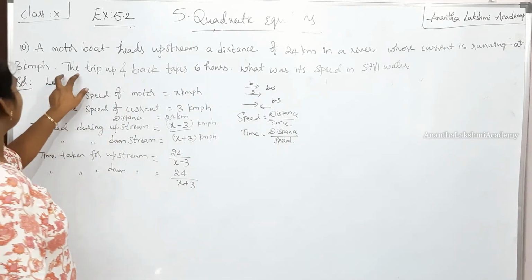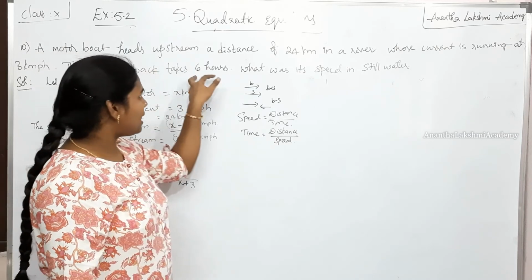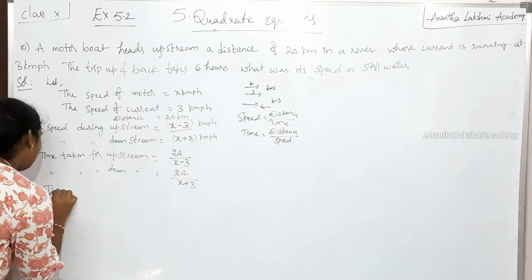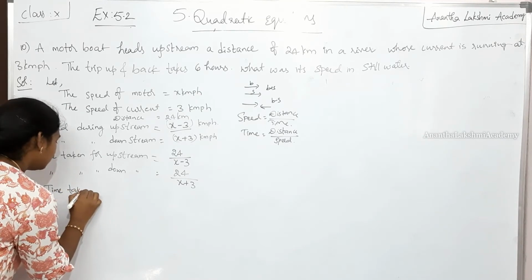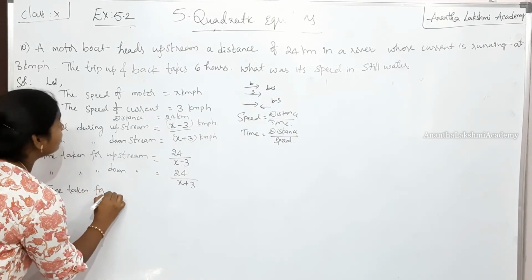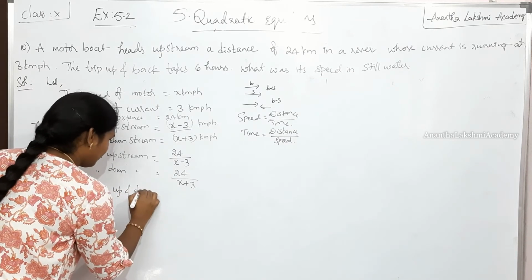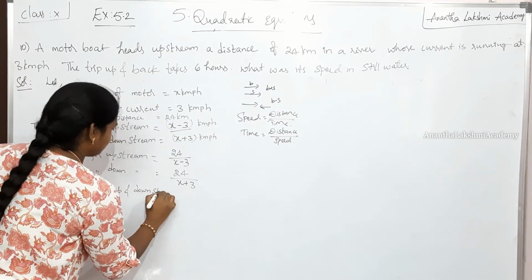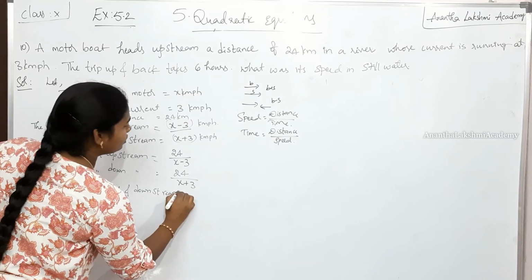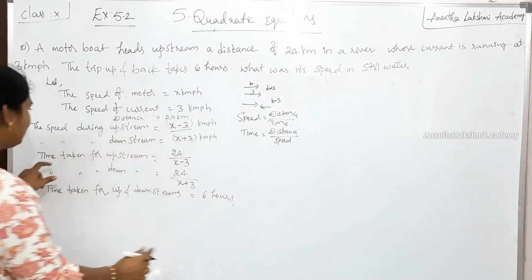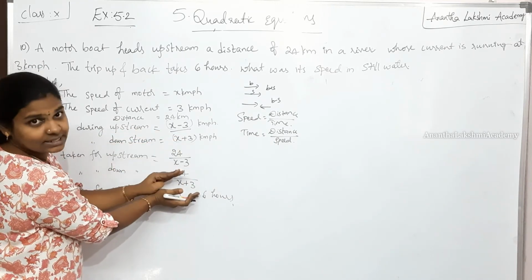Now what is given for us? The trip up and back takes 6 hours. Time taken for up and downstream is equal to 6 hours. So time taken is nothing but this one plus this one.